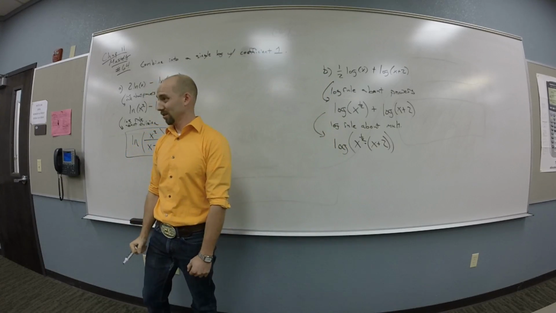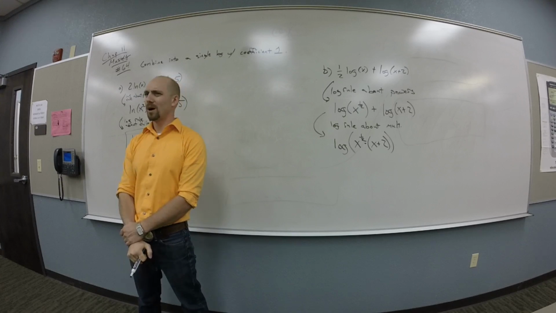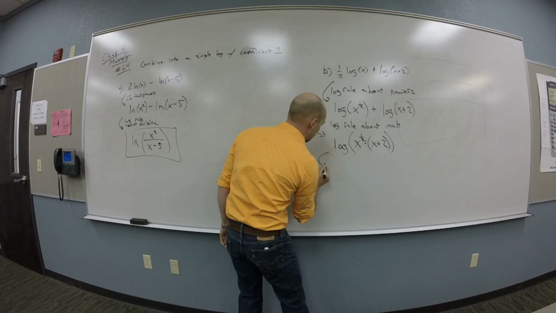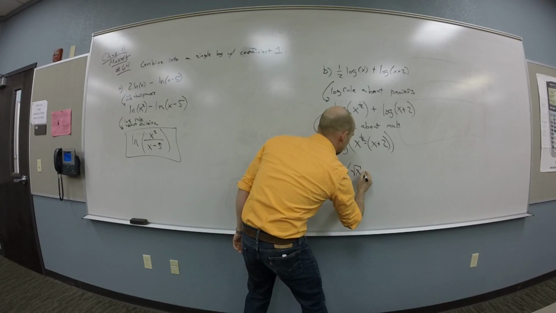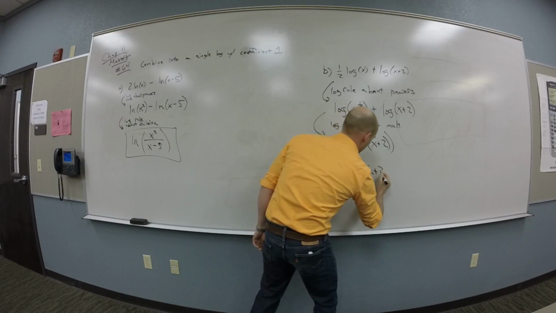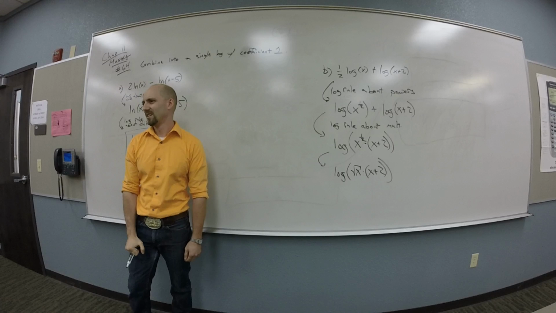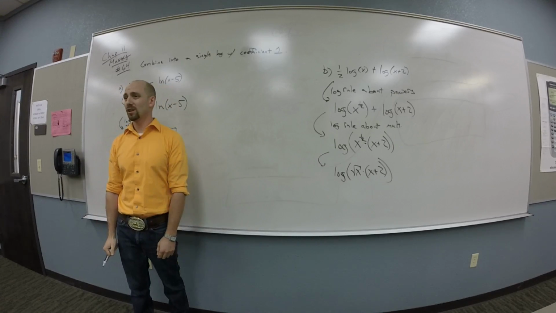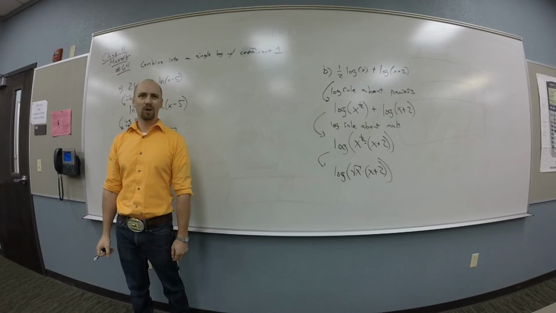That's sort of awkward. What's x to the 1/2 power? That's the square root of x. So this is log of root x times x plus 2. Is that a little better? Yeah, we could distribute that multiplication. We'd have to add some powers in there, right?